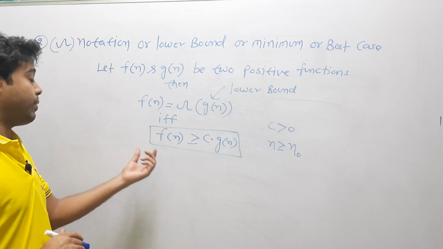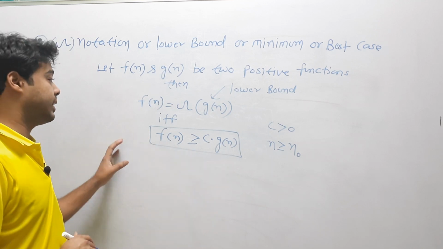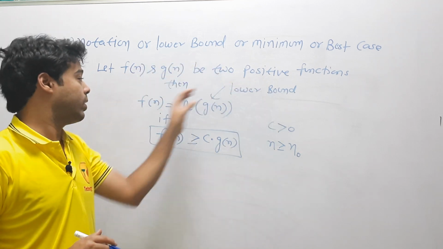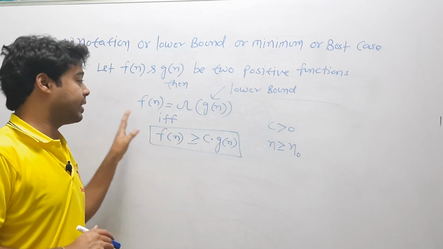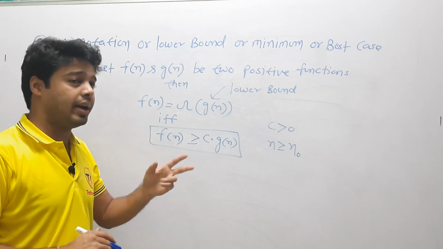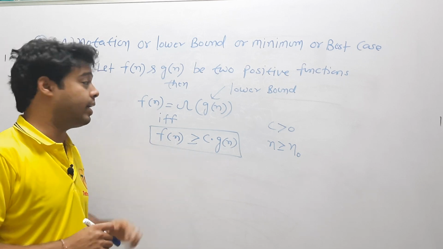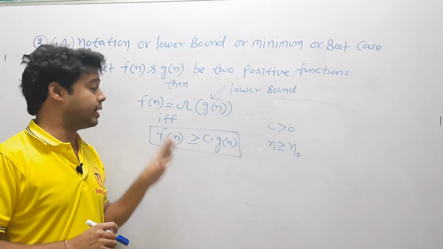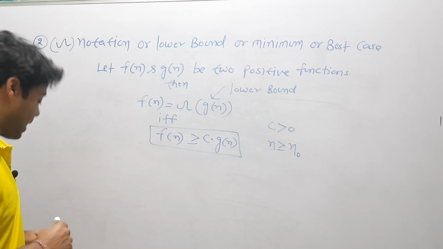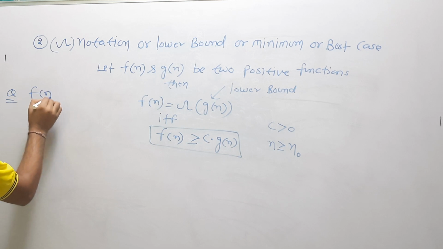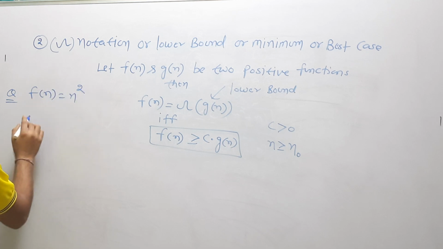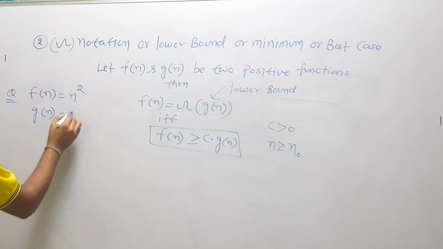So if Fn is greater than or equal to C dot Gn, then we can say Gn is a lower bound on Fn. It means the Gn function's growth rate is smaller than Fn. Sometimes they meet after one or two points, but Gn's growth rate is smaller than Fn. Suppose we take an example: Fn is n square here and Gn is n here.